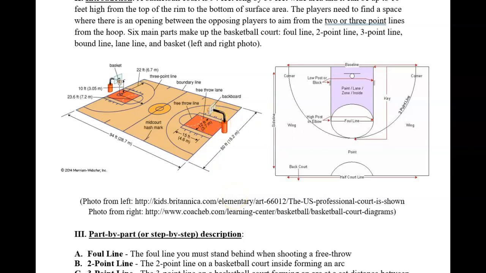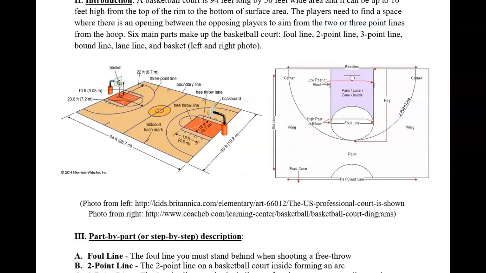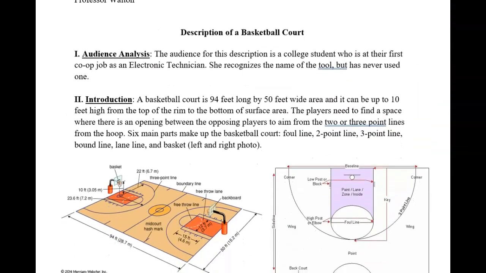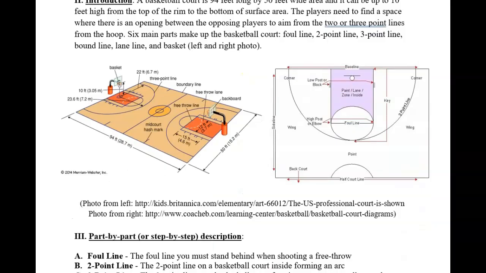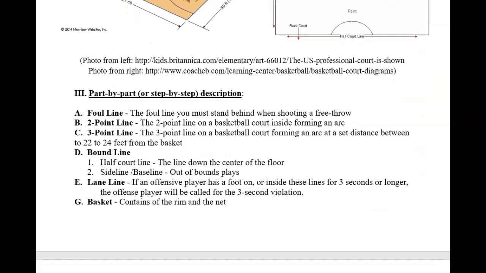Doing this allows the audience, who, if you see in her description, is a college student, and she adds a little detail here, that they're an electronic technician at a co-op, and that they recognize what a basketball court is, but they've not used one. So they know what it is, but they don't know the details of it. This actually points it out pretty well and tells you exactly what line is what, and that's the goal.